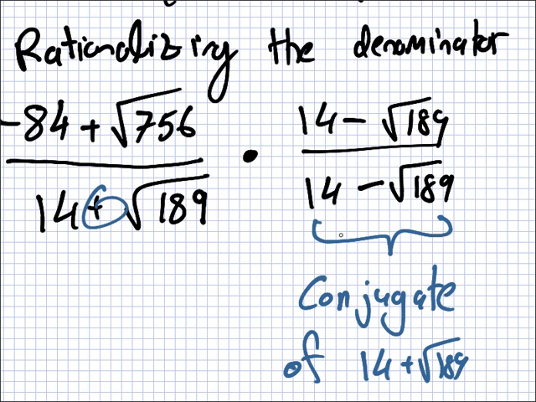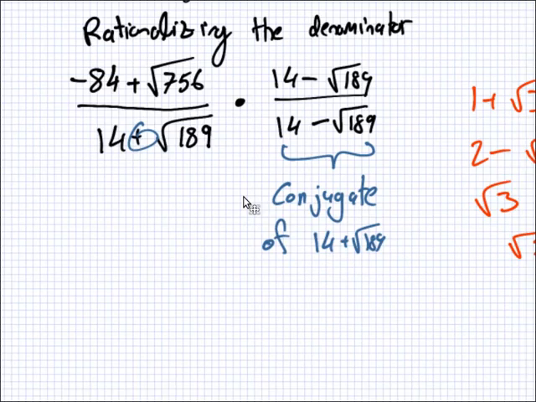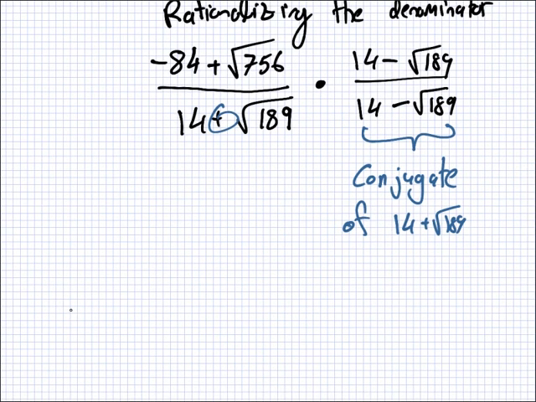But before we actually multiply it out, I wonder if we could simplify it a bit. Minus 84, root 756. What's root 756 simplified? People with the Casio calculator can tell me quickly. 6 root 21.